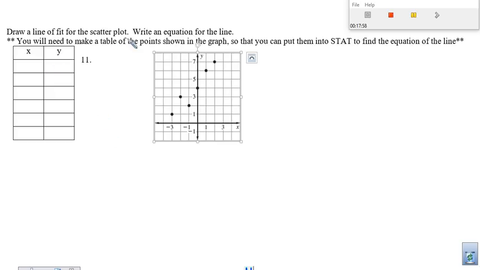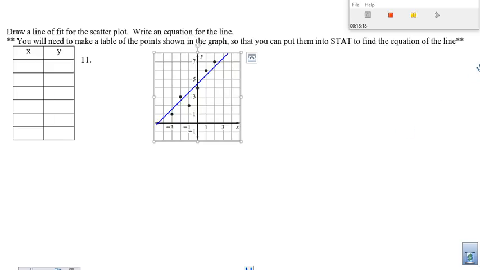Then finally we have number 11. Draw your line of best fit for your scatter plot. Write an equation for the line. So I'm going to put my line of best fit kind of like that. That gives me about 3 points above and 3 below my line, and they're all about the same distance away.